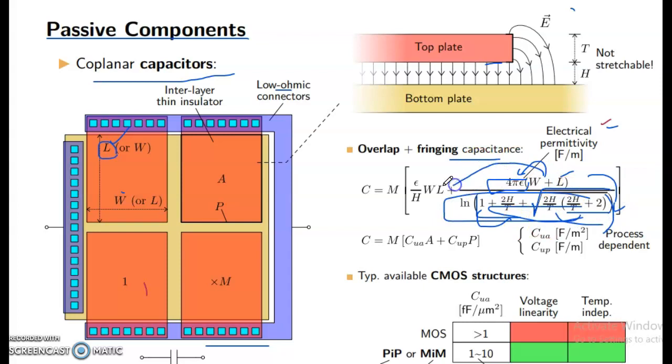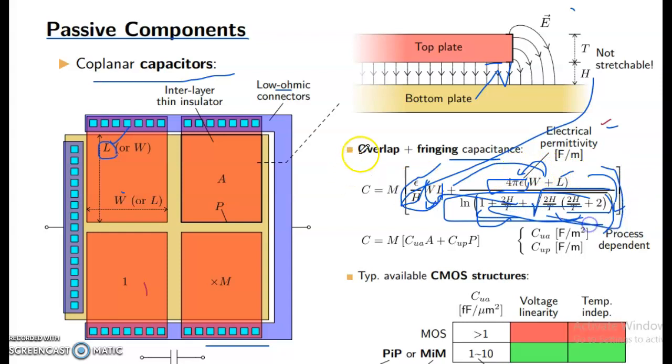for multiplication, WL. After the WL multiplication, then epsilon divided by H, for this much H. Then multiply with this, then add here.